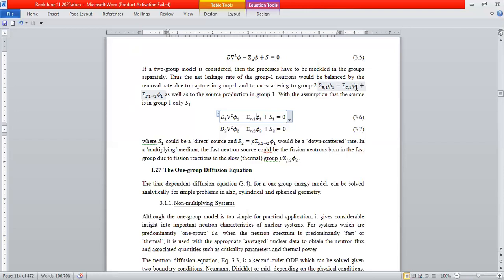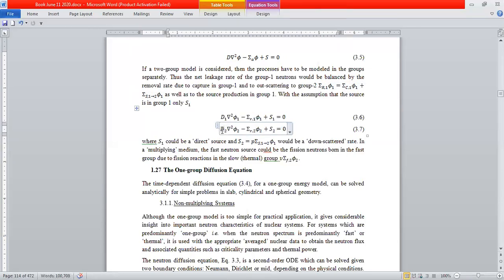Sigma C1 phi 1 is the number of captures per cubic centimeter per second. The scattering out term is the number of scatterings which are leaving group 1 and entering group 2 per cubic centimeter per second. So group 1 has nothing coming in from group 2.